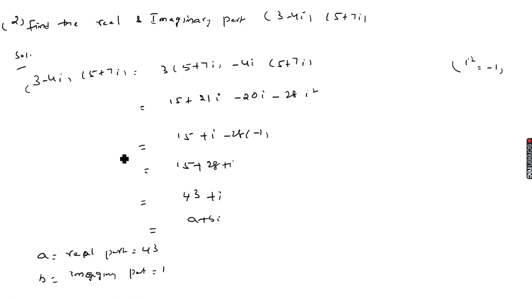So how do we do that? First we multiply using basic simplification, that is 3 into (5 plus 7i) minus 4i into (5 plus 7i), and we simplify that part. Here we need the i square value equal to minus 1. Finally we get 43 plus i, which is in the form of a plus bi. A is called the real part, its value is 43, and b is called the imaginary part, its value is 1.